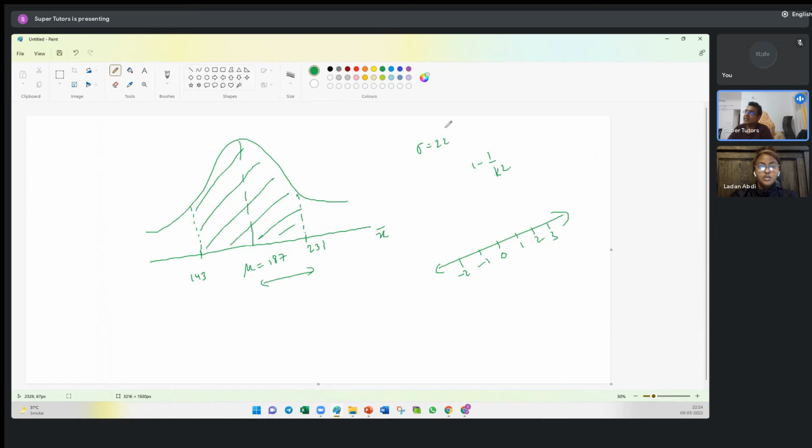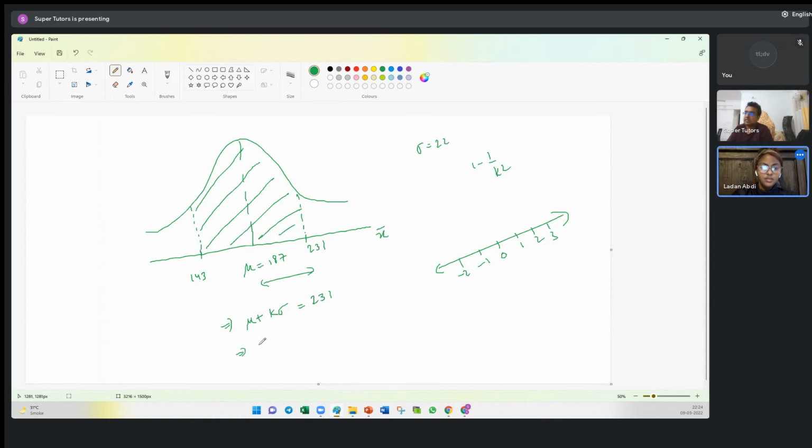What do I multiply with my sigma to reach 231? Just use a simple formula. We know that this is represented as mu plus k sigma in the diagram. You remember that? So mu plus k times sigma is how much? 231. What is the value of mu?